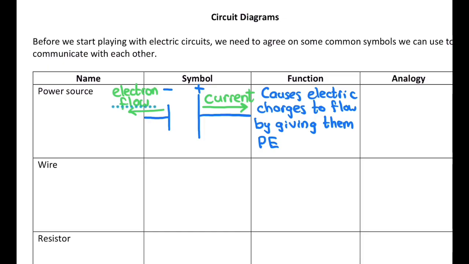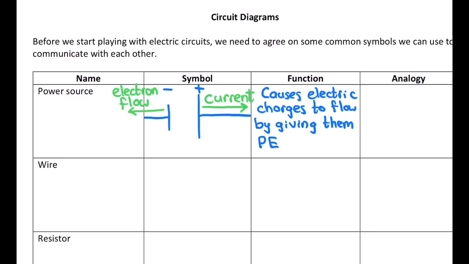Now, one of the things that I find makes electric circuits tricky to understand is we can't see with our eyes what's going on inside the circuit. We see some of the effects of the circuit. We see light bulbs coming on and speakers turning on and motors moving. But what's happening inside the circuit itself, these charges flowing one way or the other, we can't see that.